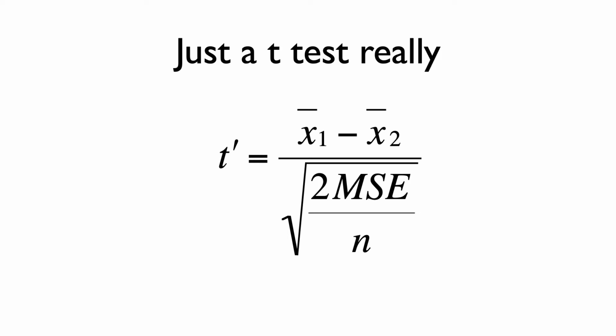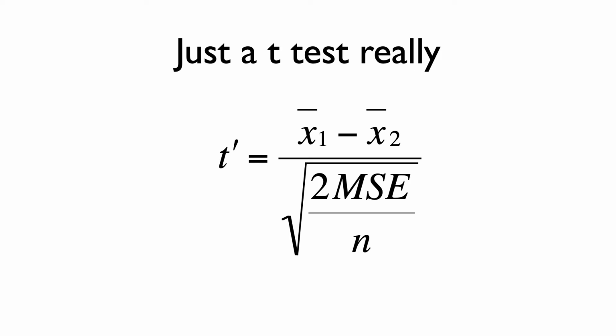Mean squared error is just an estimate of variance. That's all it is, so why not use it? We have it there. So really, this is literally a t-test. That's all it is. It's just using the square root of 2 times mean squared error over n, little n. Little n is the number of subjects per group. Okay? That's all it is.